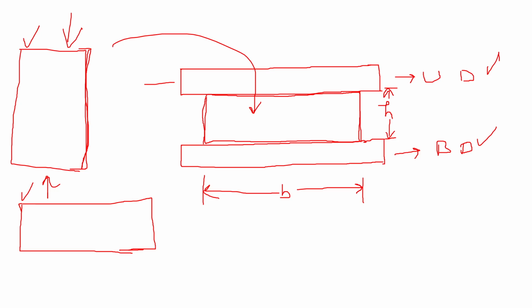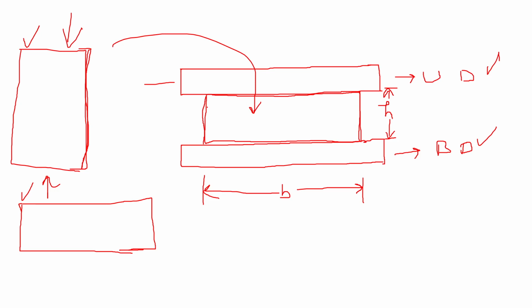In open die forging, the simplest example is the upsetting operation. In upsetting, we have a rectangular block which is compressed between parallel platens.